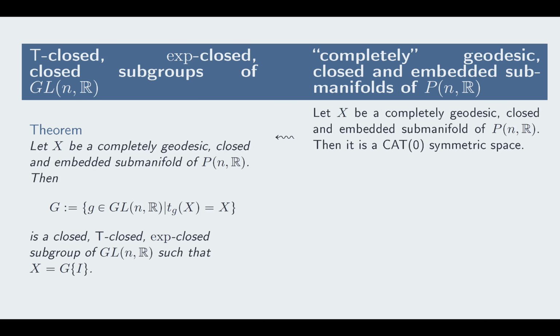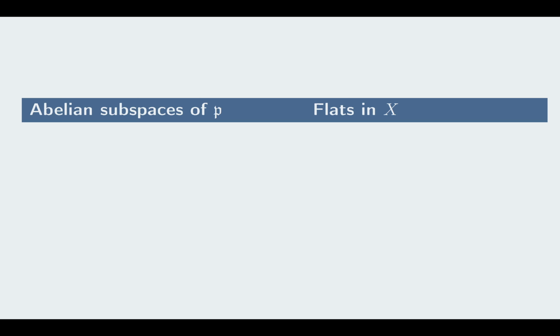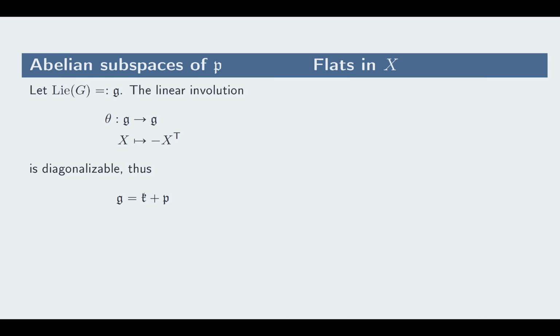Now this is the setup. We wish to study flats inside the outer space, and they will correspond to some Lie theoretic objects inside the Lie algebra of G. So what is P here?